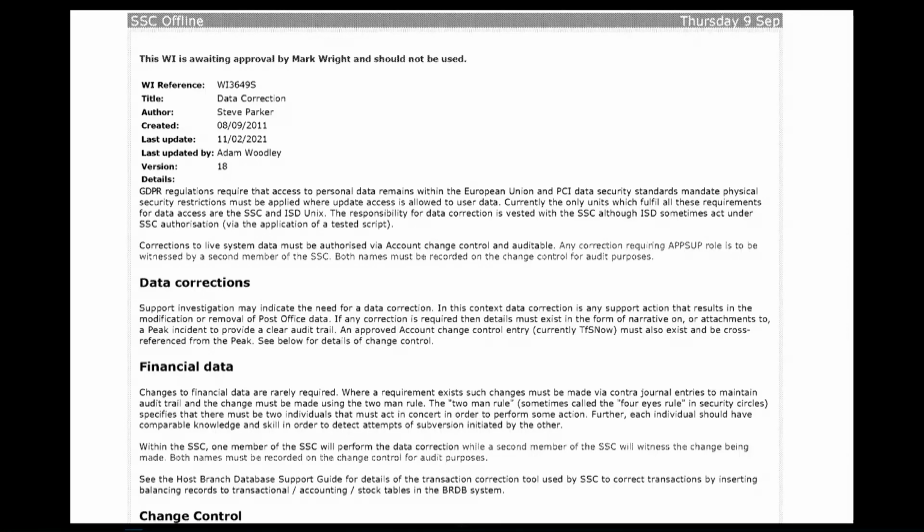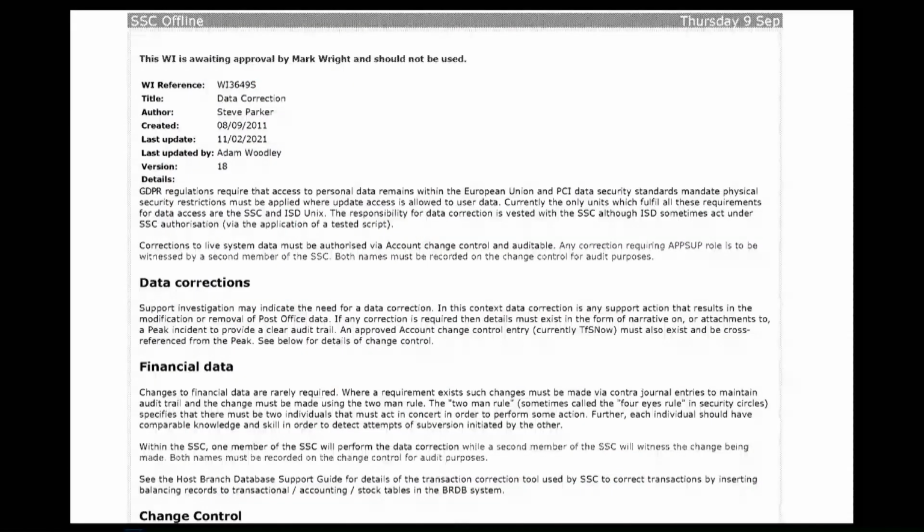Further, each individual should have comparable knowledge and skill in order to detect attempts of subversion initiated by the other. Within the SSC, one member of SSC will perform the data correction whilst the second member of the SSC will witness the change being made. Both names must be recorded on the change control for audit purposes. Yes.